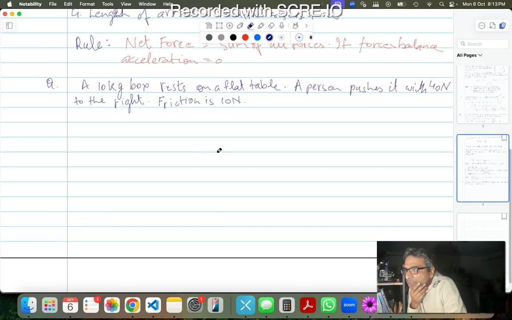I will try to use a different color so that we can differentiate between the forces. So this is our box. Can you see that? Okay. Now, a person pushes it with 40 Newton to the right. So there is a force to the right, that is 40 Newton.